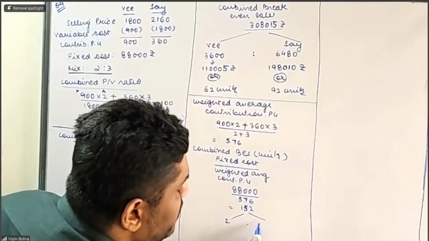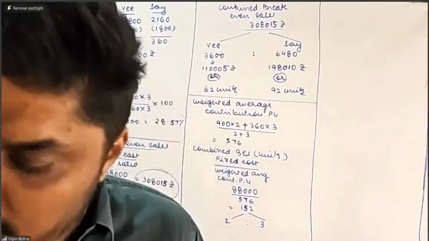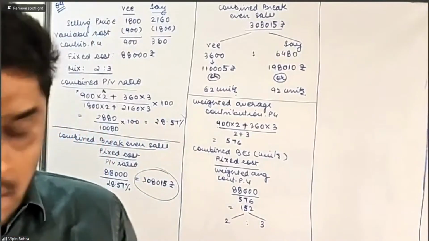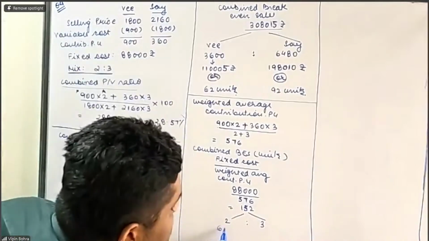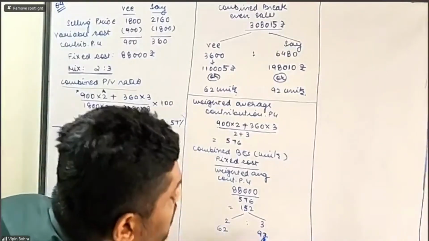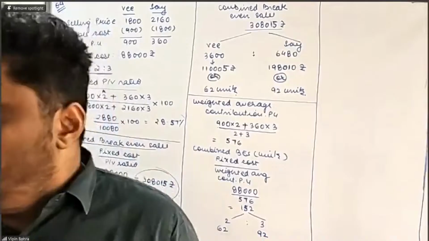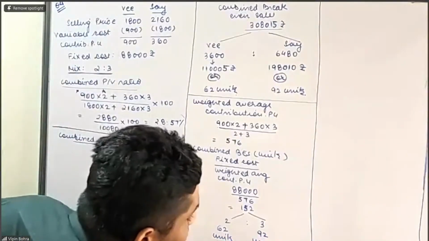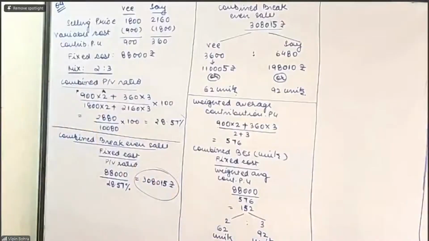This should be distributed in the ratio of 2:3. You will get the answer: this will be 62 and this will be 92. The difference is basically the rounding difference. So 62 units and 92 units.